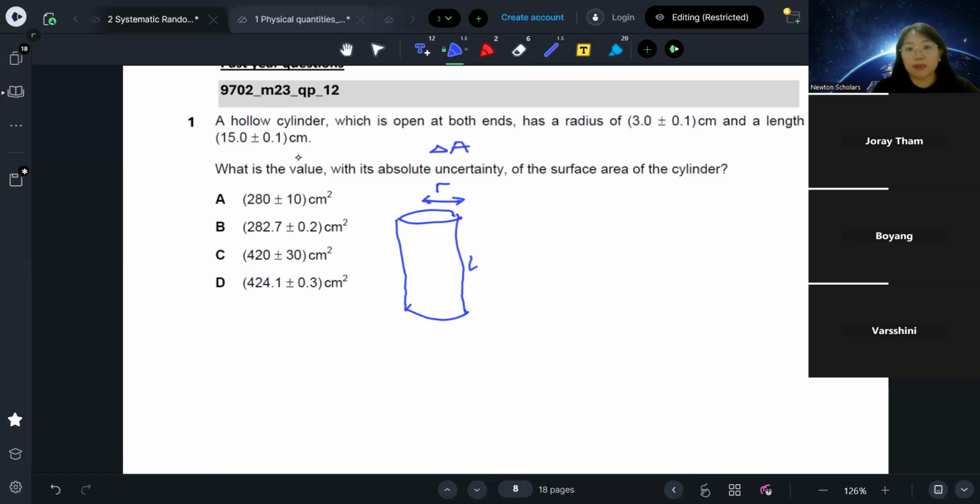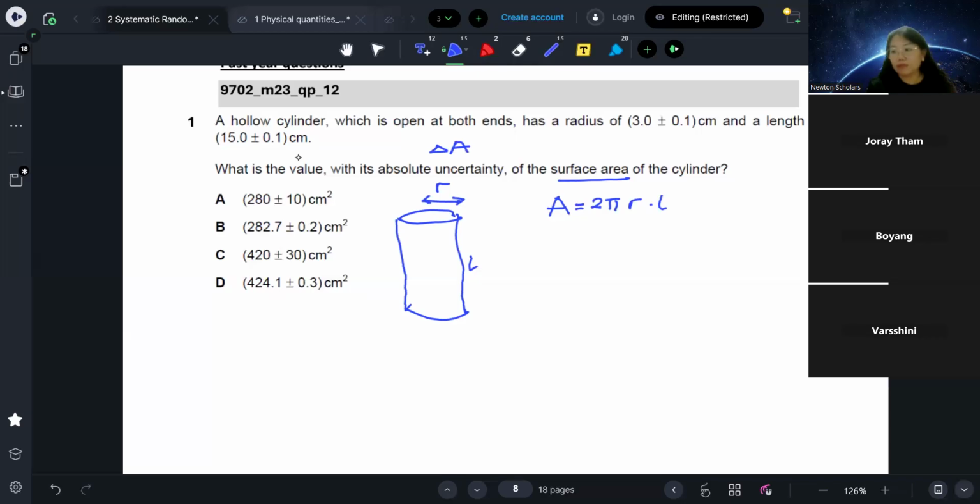Boys and girls, you have to find the area for the cylinder. This one is mathematics, not physics. You have to know the formula to calculate the surface area for a cylinder. You should know that area actually is 2 pi r times the length. Okay, 2 pi r times length.